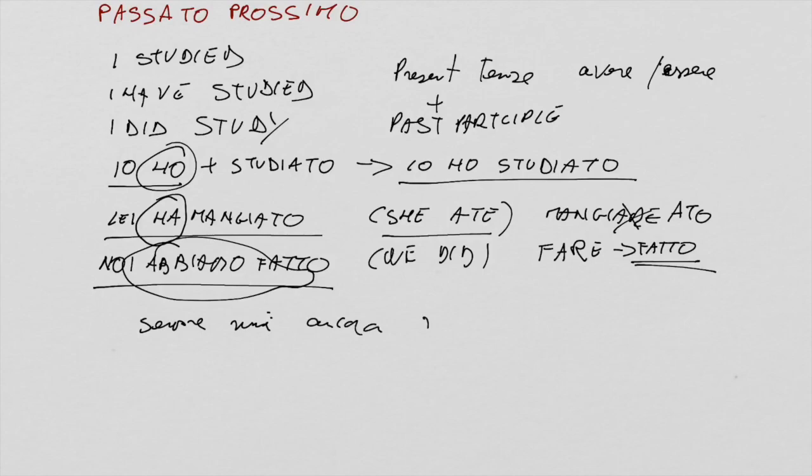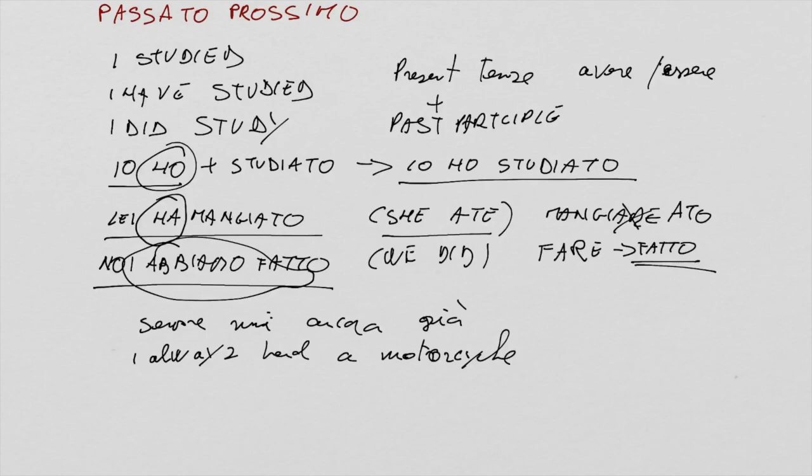I always had a motorcycle. Now, in this sentence, you have an adverb, always, equal sempre. So you can place sempre in between the auxiliary avere and the past participle, avuto in this case, since you have to make the past tense of avere.